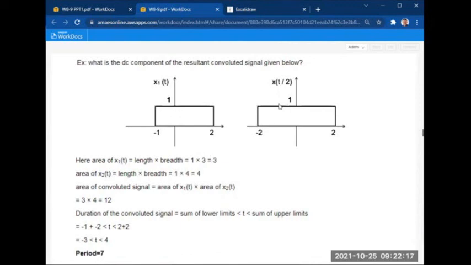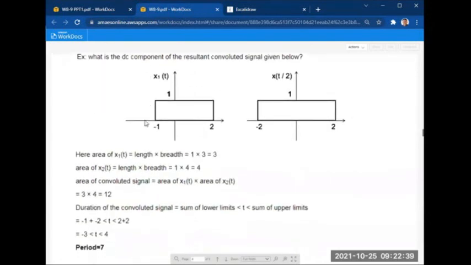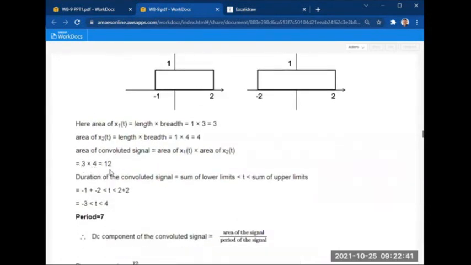Next, we have a rectangle here. The height is 1 as well, and the length is from -2 to 2, so 4. So 3 times 4, we have 12.